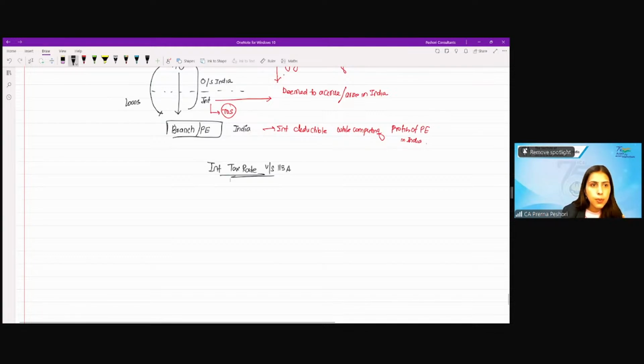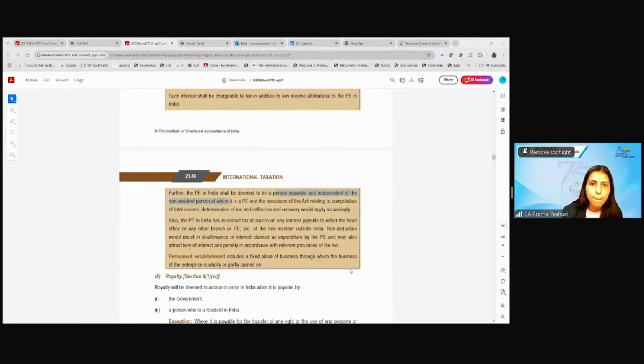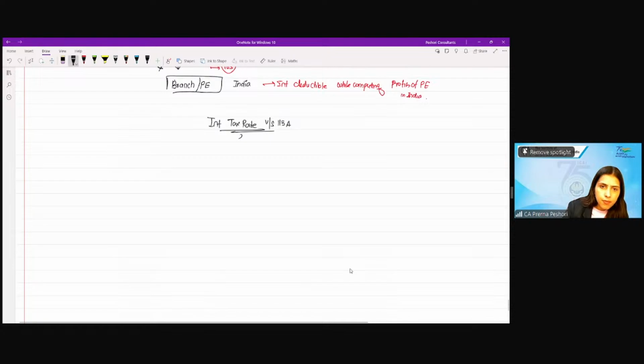Interest on the rupee denominated bond to the foreign portfolio investors, just write down. This will be 5% and the interest will be taxable under which section?